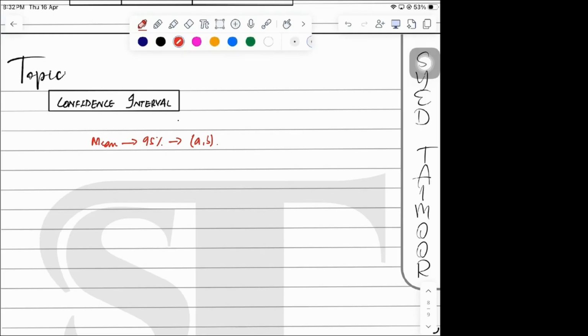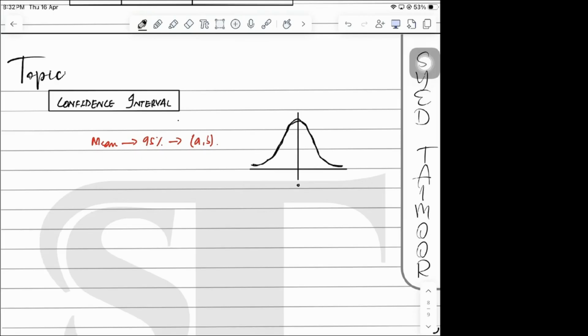So for example, when I'm dealing with the normal distribution, confidence interval is most of the time used in the normal distribution. Over here this is A and over here this is B. This portion is exactly your 95% of the probability, which means your mean lies in between them.